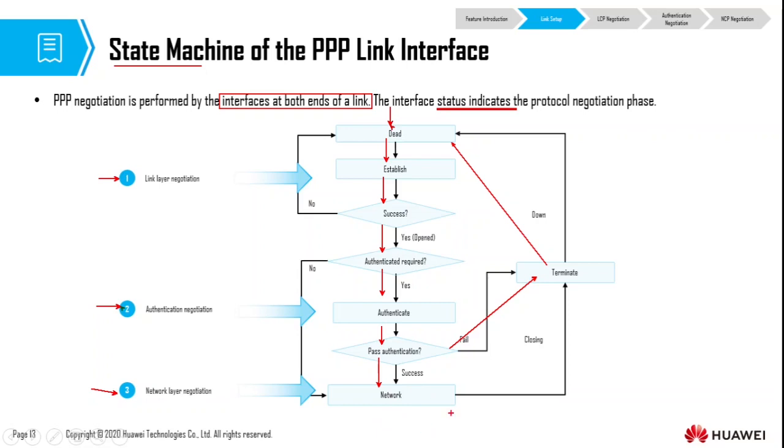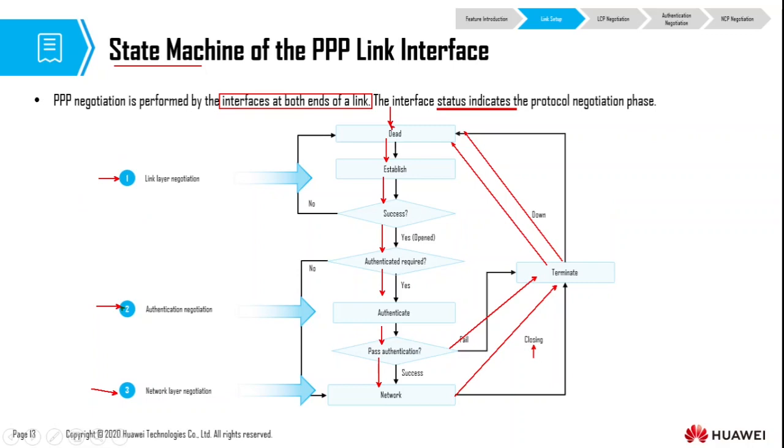After you're done accessing the internet, you can close the connection, and it will go to the terminate state. After terminate, the connection between the peer and the remote device is terminated, and the state goes back to dead.